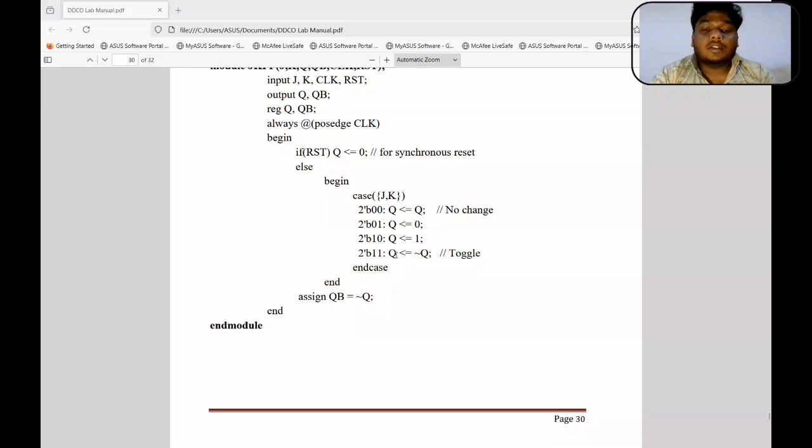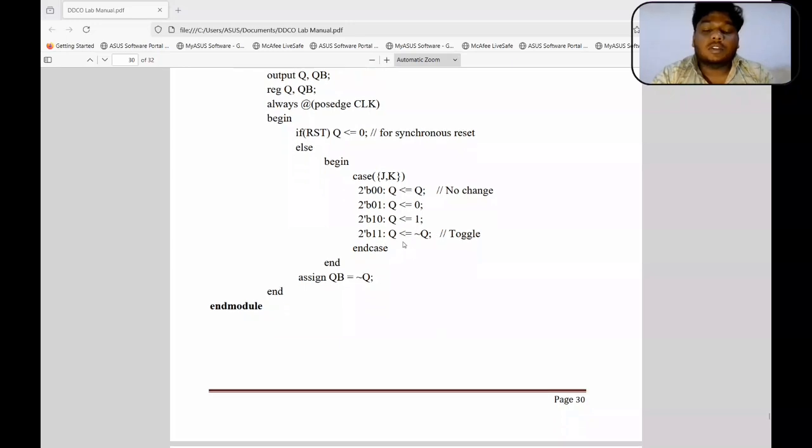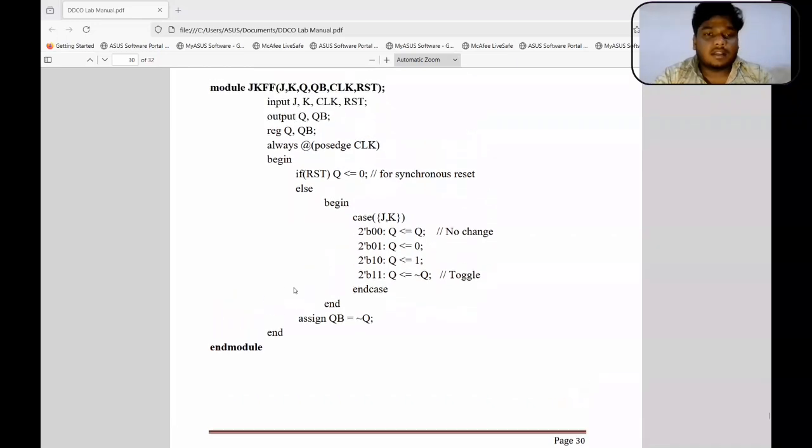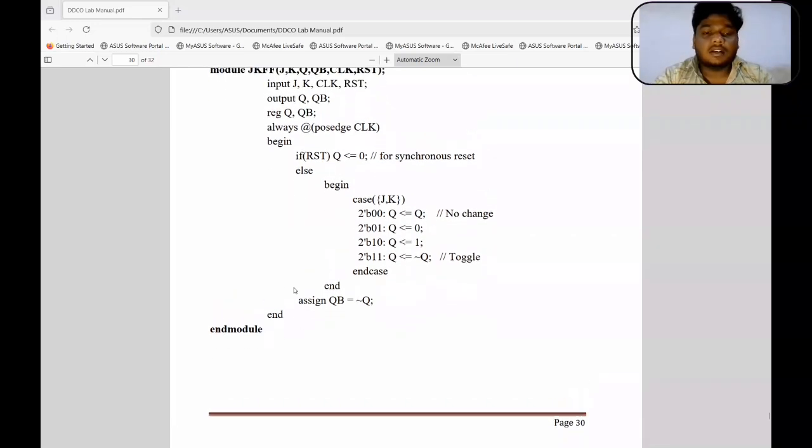When input is 1, 1, output is inverse of Q. Inverse of Q, or toggle, means outputs are changing. Here the case ends, assigning Q and QB equals inverse of Q, because QB is the complementary output of Q. Here the JK flip-flop Verilog code ends.